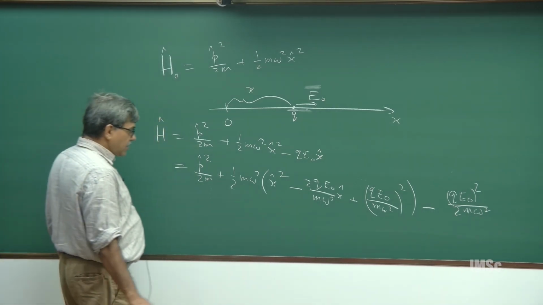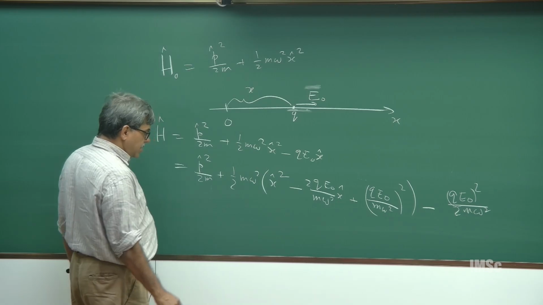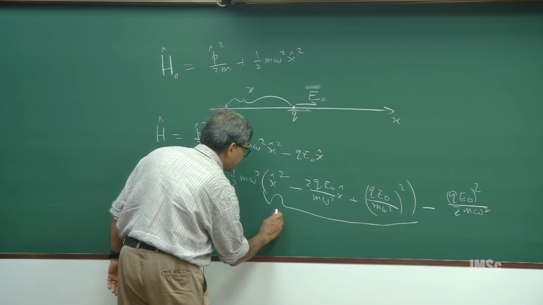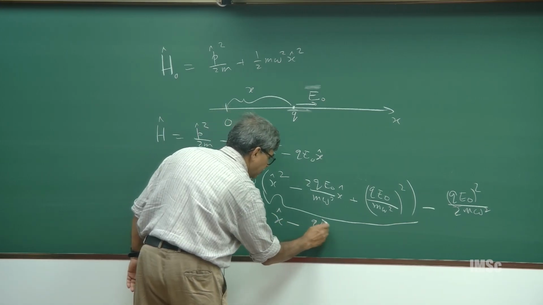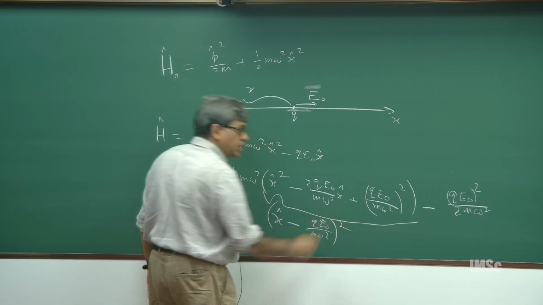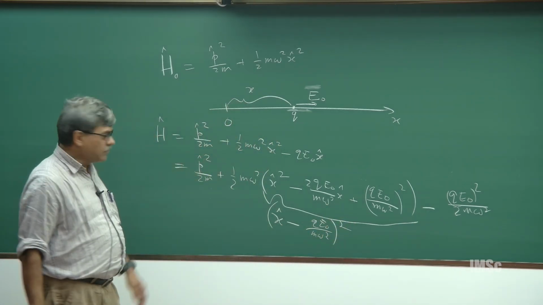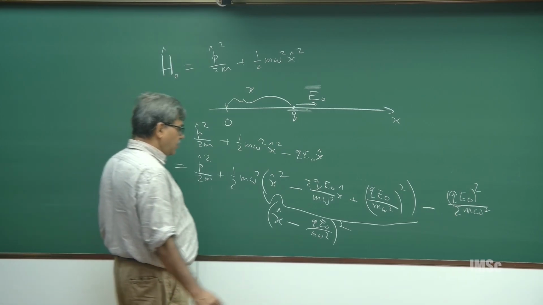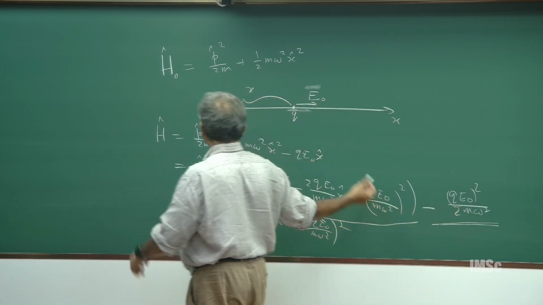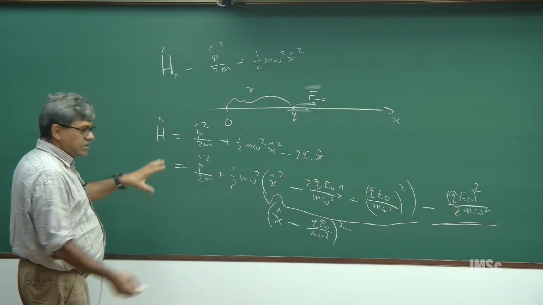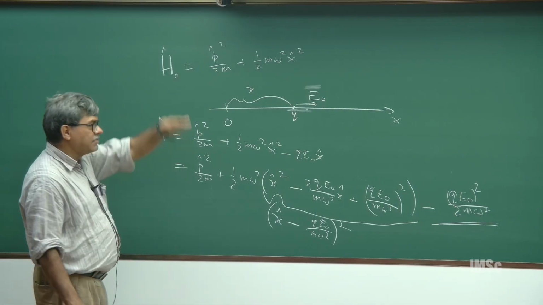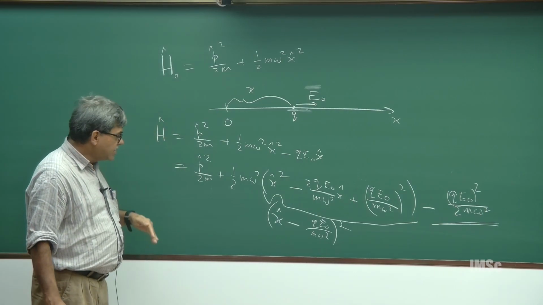So, now I can call these, so this is my x minus q E naught by m omega square whole square, okay, and whatever else is there. So, this is basically a constant energy. So, I can shift this energy, it does not make much difference except that I will have to shift my energy levels.